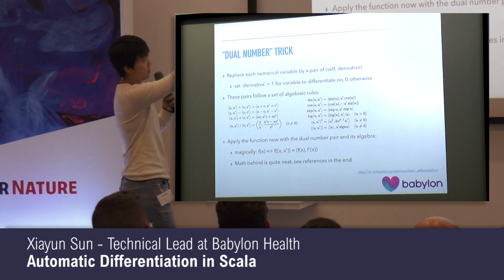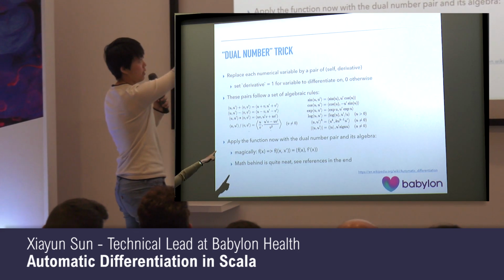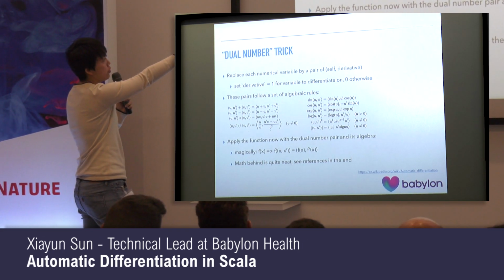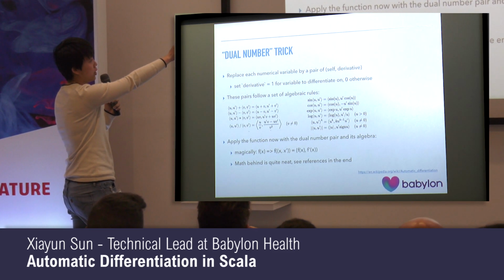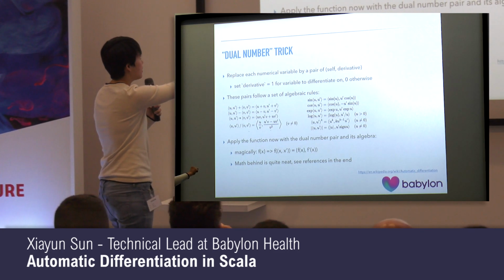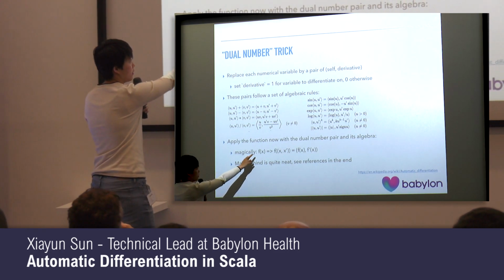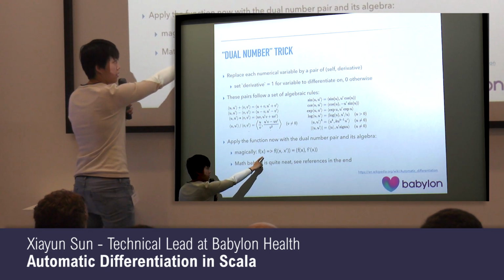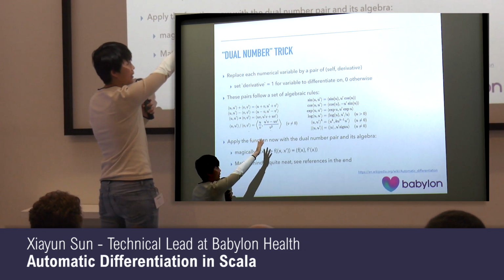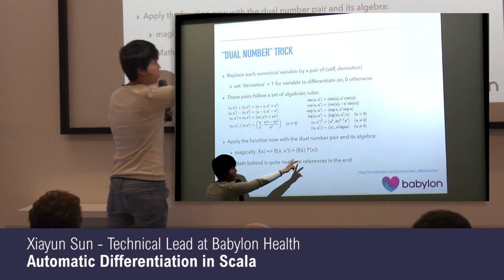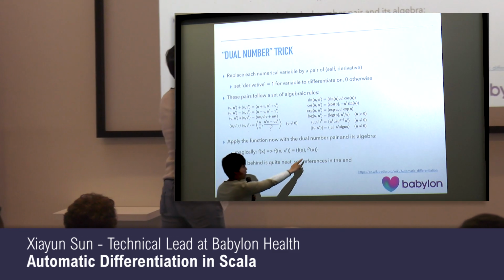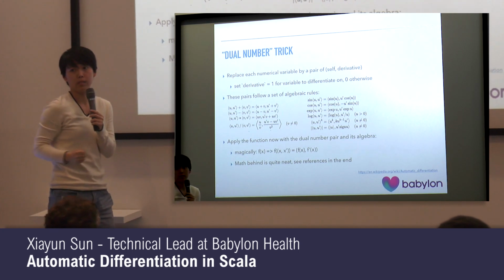Then this ordered pair follows a set of algebra rules, which if you look closely, is really just basic differentiation. Here is the function we care about. If you replace the input by the dual number and apply this set of rules, the output would also be a dual number pair. Then you can take the second term directly, and that is the derivative.